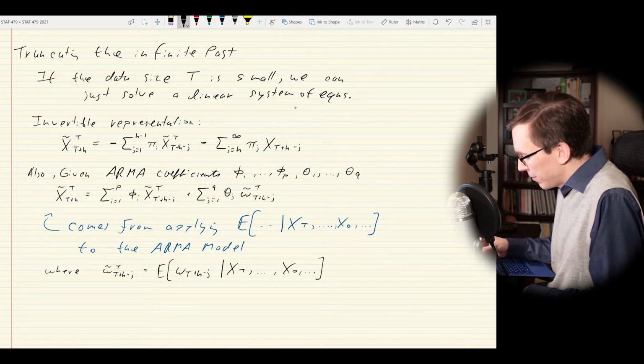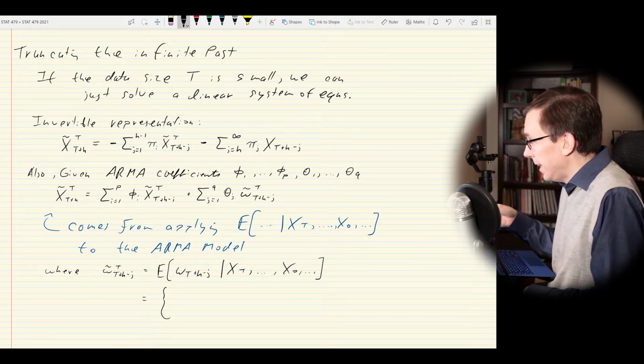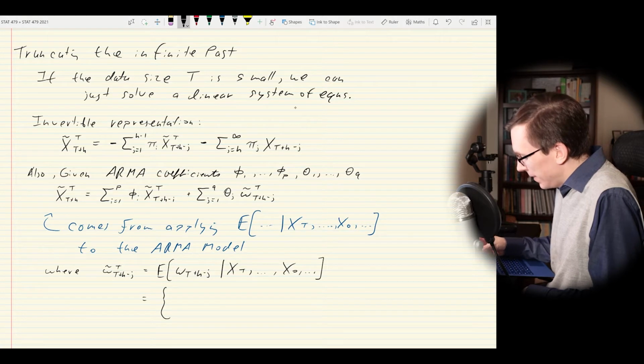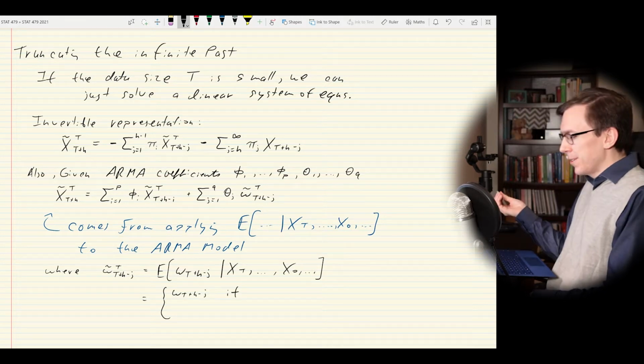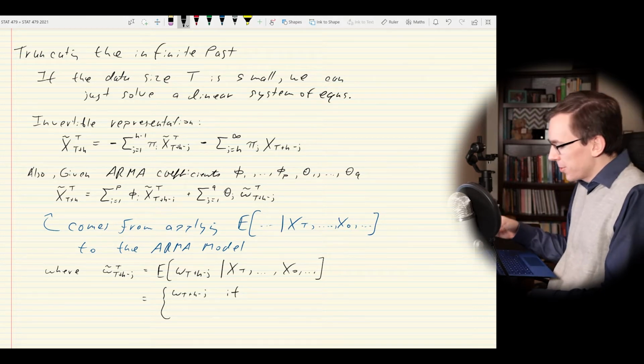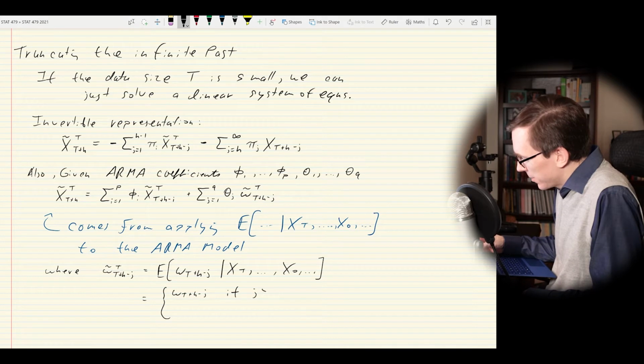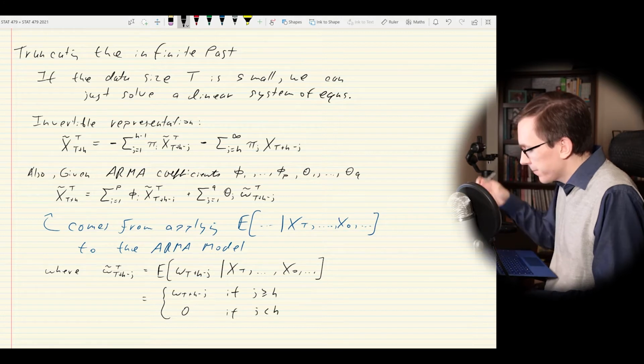And this thing, as we saw last time, is going to take on two different values. It's going to be w t plus h minus j if j is greater than or equal to h, and it's going to be 0 if j is less than h.